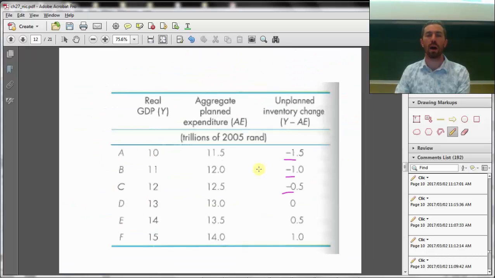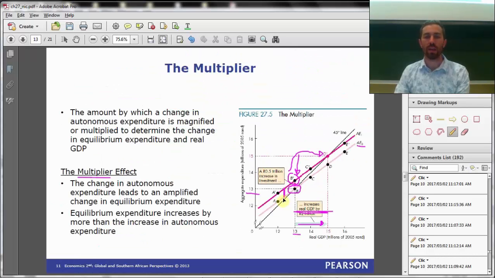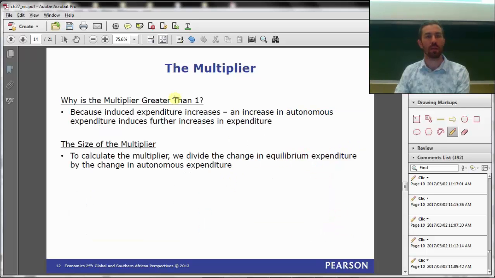That is why when we increase our aggregate expenditure by a small amount, it leads to a big increase in output. Because we have induced expenditure, so an increase in autonomous expenditure induces further increases in expenditure.